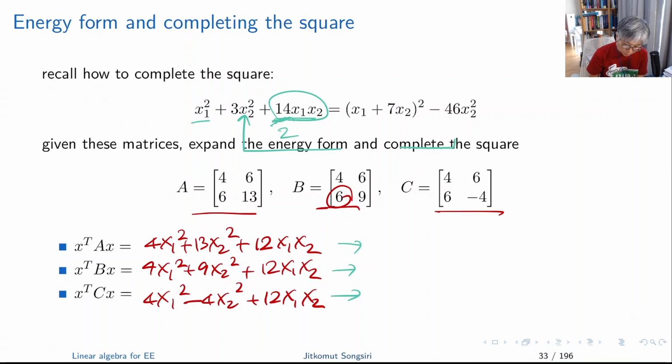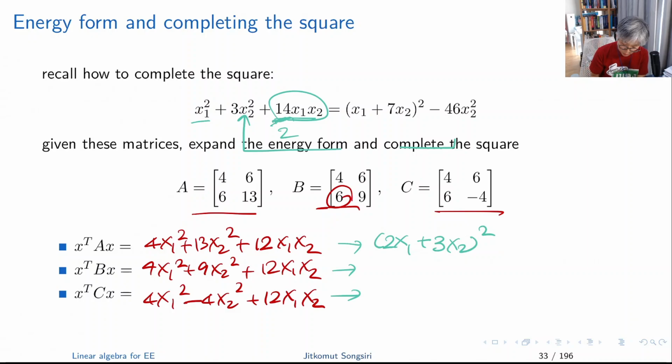For example, it's 2x1 plus 3x2, squared. First you complete the square. You look at this one and this one, and of course 2x1 would match with this term. 2x1 times 3x2 with a factor of 2 gives you 12x1x2.